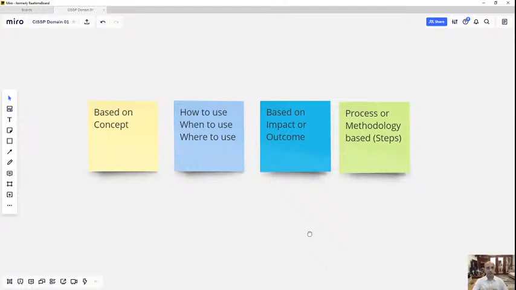Third is what exactly the impact or outcome is when we use the same. And the next one is the process or methodology which we are going to use, which means the concept is based on a particular methodology. It means within that concept, what steps are there, right? For example, in risk management, what are the steps in risk management?